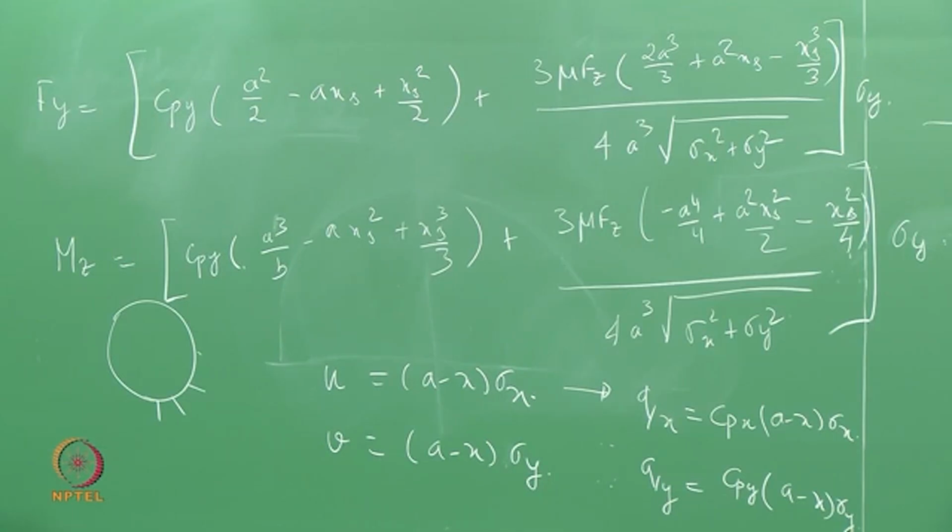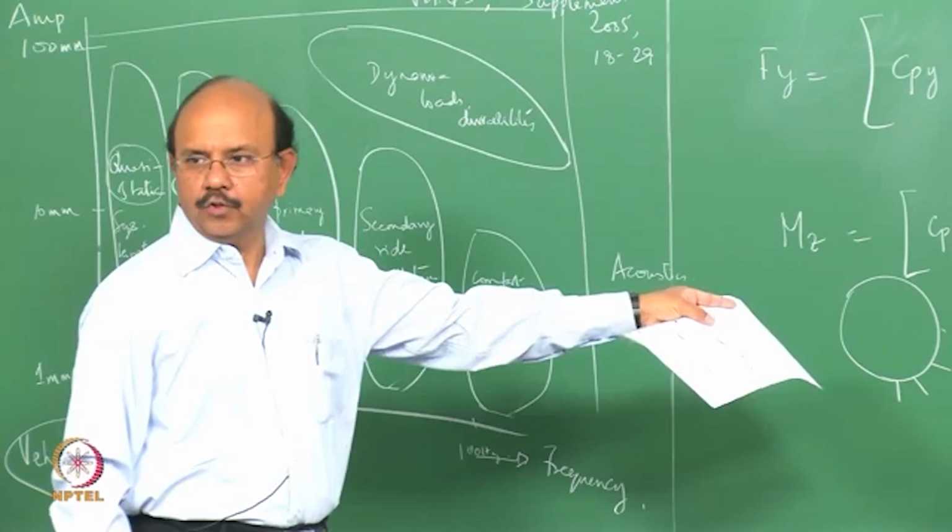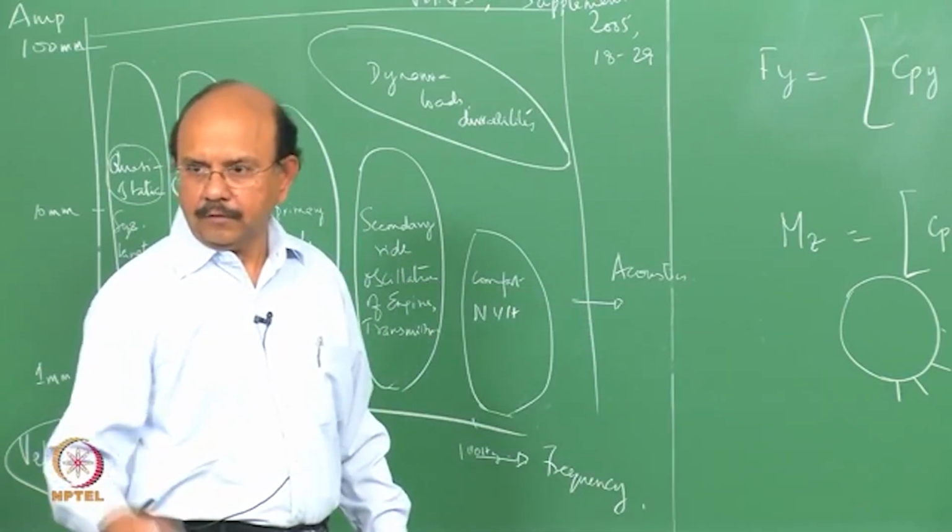Now, when it slides, the root of Qx squared plus Qy squared, that is the sum of these forces, should be equal to mu Qz.